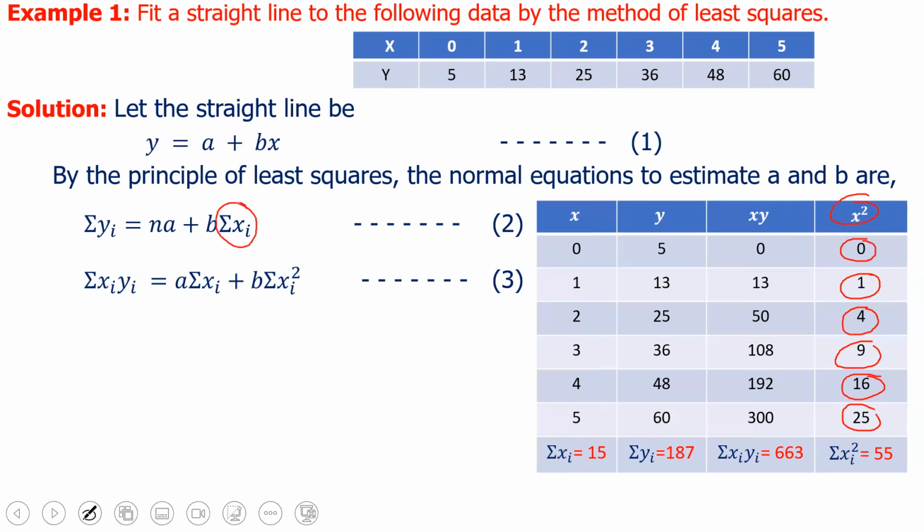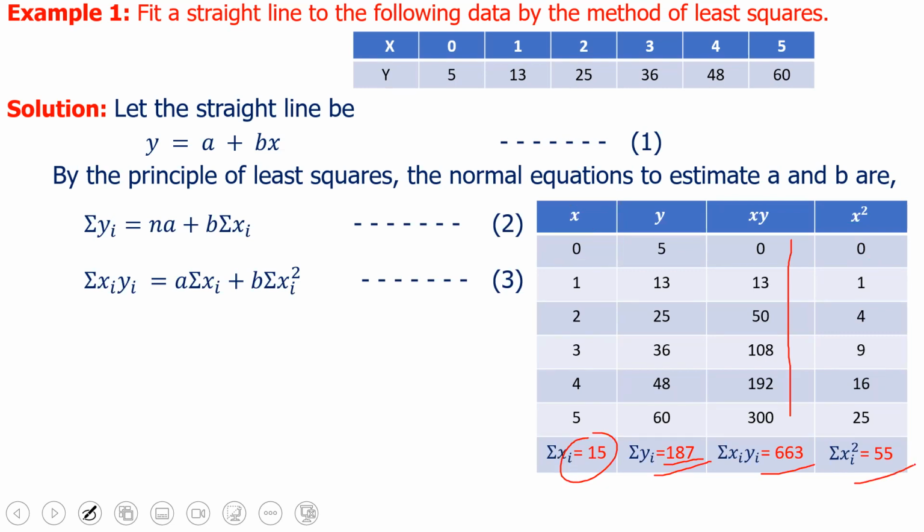So how do we get the sum of xi? 0 plus 1 means 1, plus 2 is 3, 3 plus 3 is 6, 6 plus 4 is 10, 10 plus 5 is 15. So this is 15. Similarly, adding the y values, we get 187. Adding the products xy, we get 663. And adding x square, we get 55.